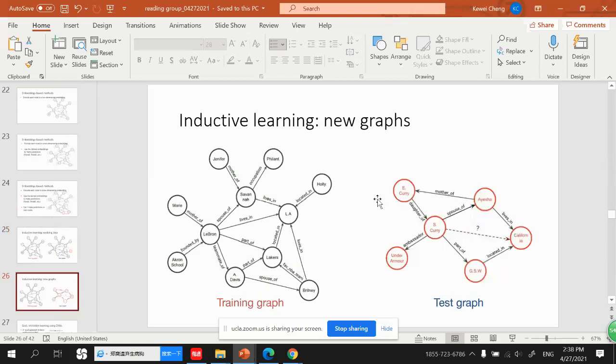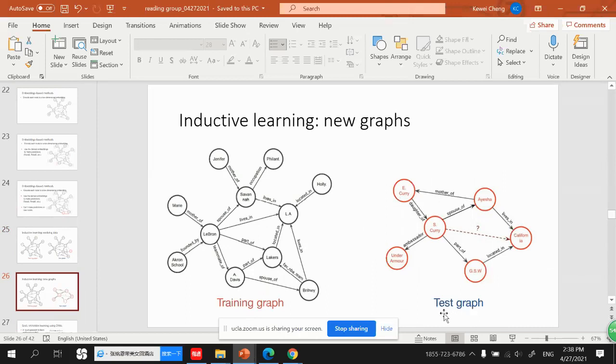Also, another scenario is that we may be trying to learn information from a training graph, but we have to transfer it to an entirely new test graph in order to make the prediction.